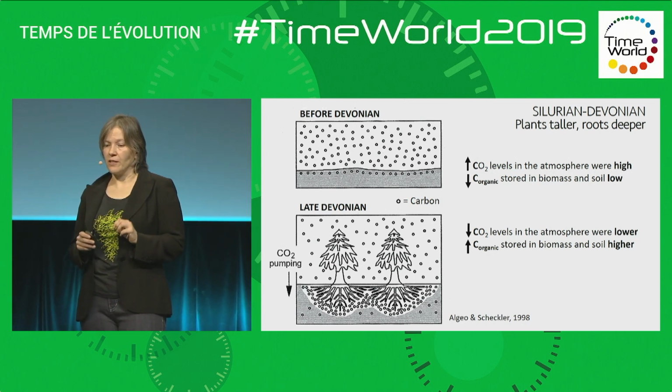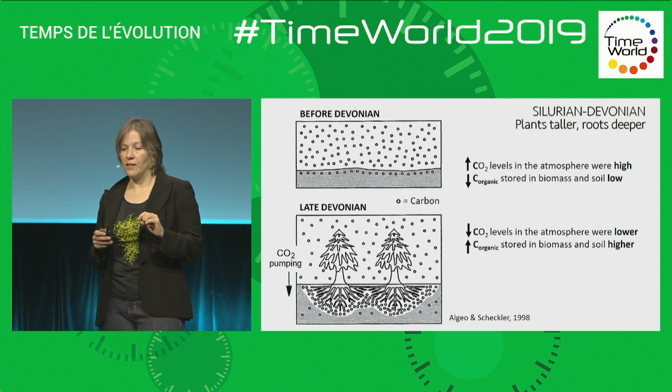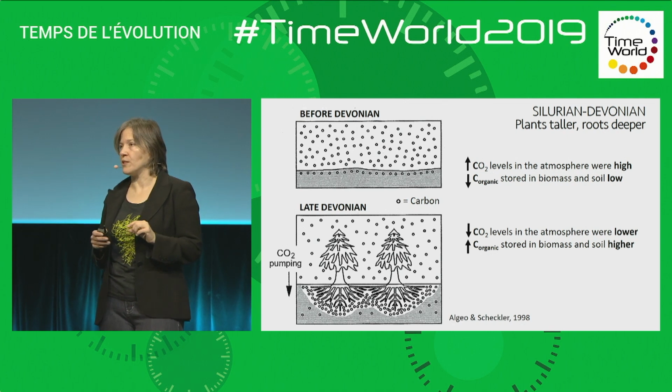In the upper diagrams, you see the soil and the atmosphere before the Devonian, and the little circles at the top in the white area represent the CO2 in the atmosphere. So during the time before the Devonian, CO2 levels in the atmosphere were relatively high. There was not a lot of life on the continent, so there was not a lot of organic matter that eventually ended up in the soil or living biomass.